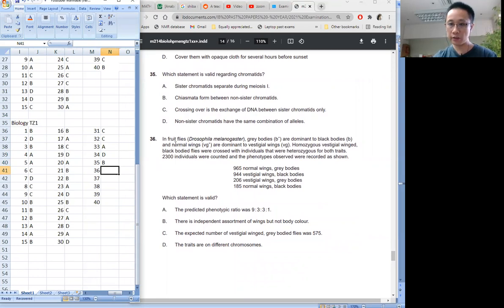Okay, 36. What do we have? So most likely we have a linked genes situation. Homozygous vestigial winged black-bodied fly. So I think those will be double recessive.